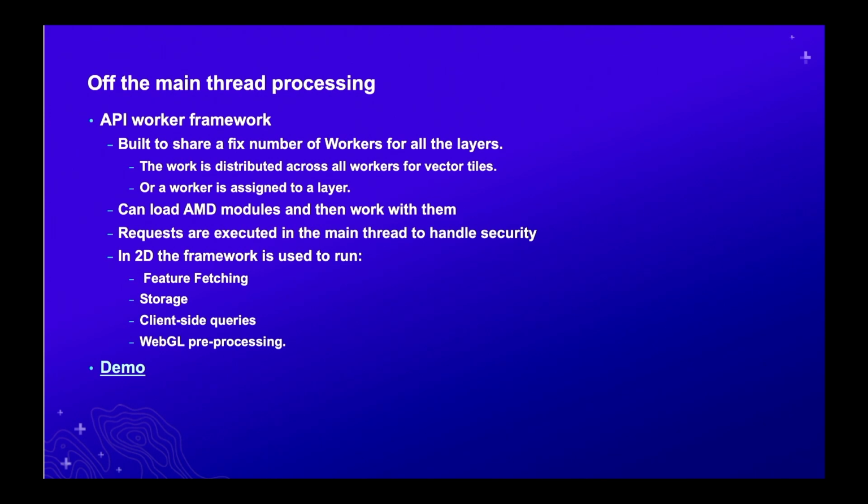For vector tiles, every time we need to display a vector tile, we pick one of the workers and send that tile, that job, to it. Or in the case of a feature layer, we assign a dedicated worker for that layer. The feature layer view gets a worker from the pool, but will always execute the functions on that single worker.